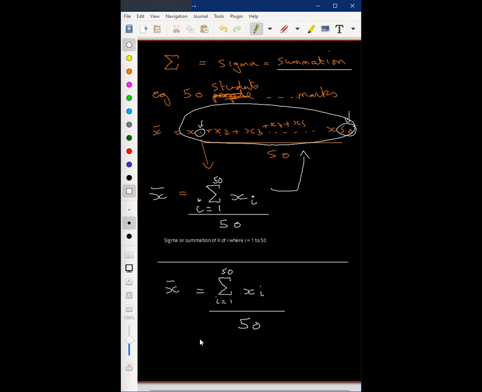Is this clear now? Any doubts here? Now, if we don't know this number 50, we can always replace it with n.